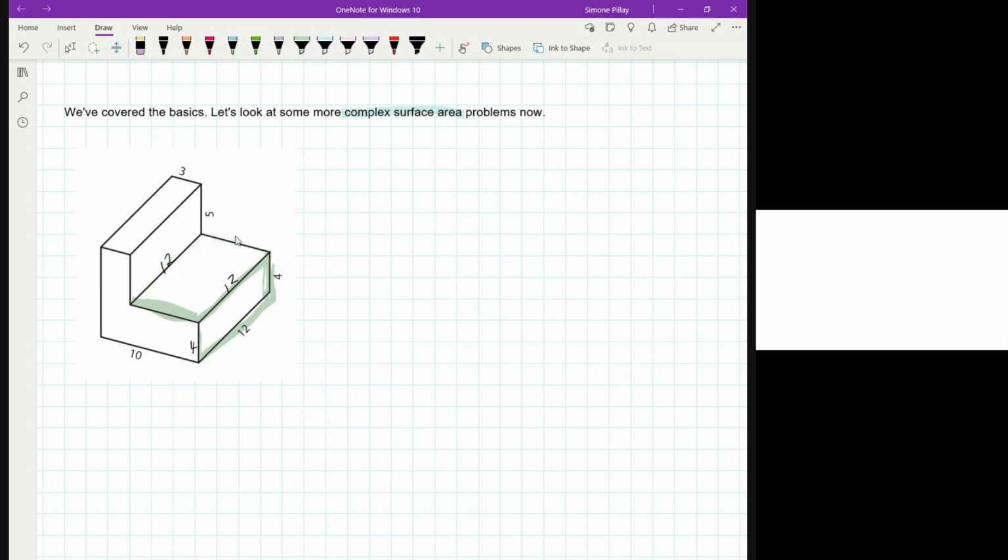Okay, now I have this rectangle up here where they've given me a measurement. I want you guys to tell me, what is this line going to be? 100%. It's going to be 5. What is this line going to be?